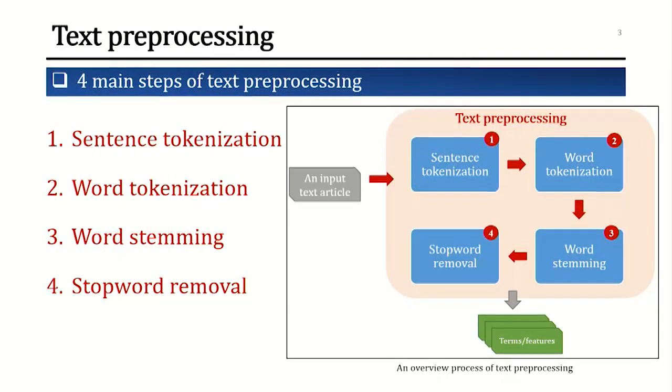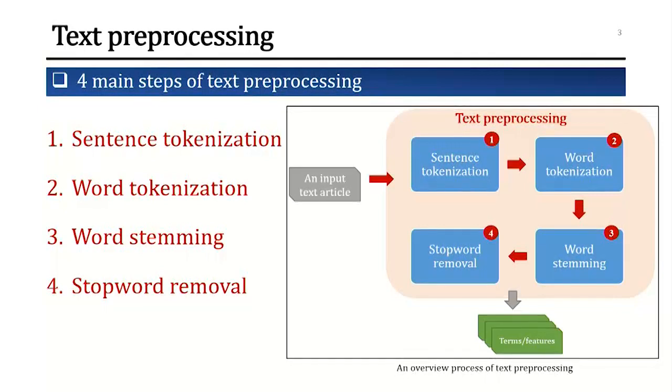The third process is word stemming, where we find the base form of the words. Last but not least, we have stop word removal, which removes unimportant words, called stop words. As the output of the text pre-processing, we obtain terms, or features.